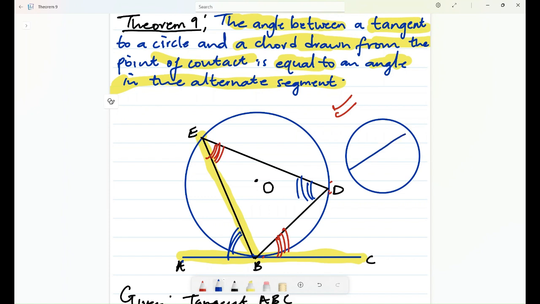If I have something like this, and let me say I have a tangent, maybe somewhere here. This is not a perfect tangent, but like this.